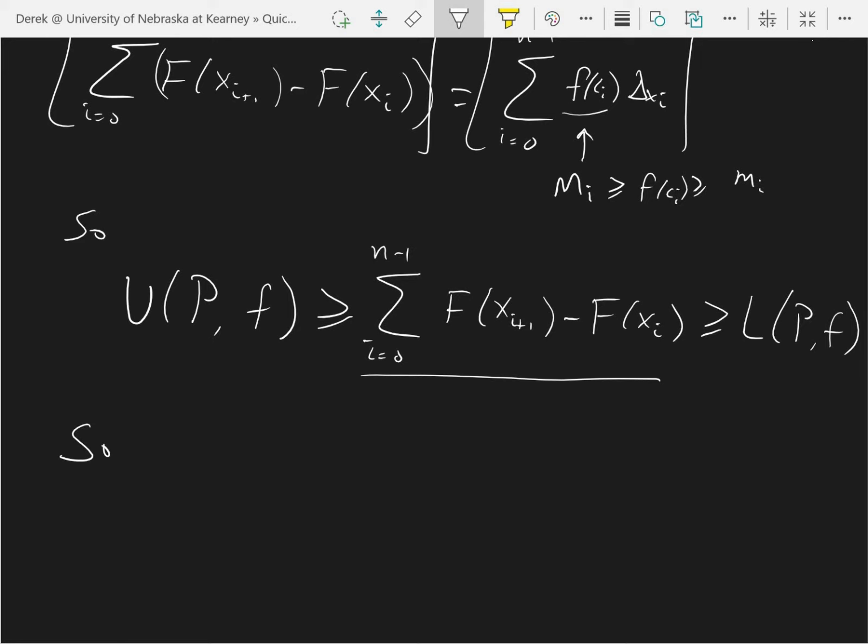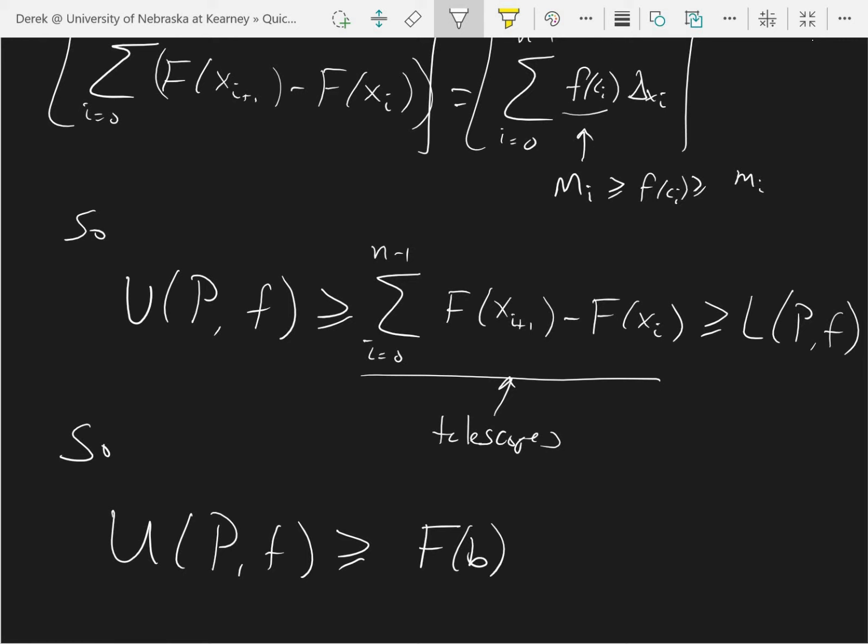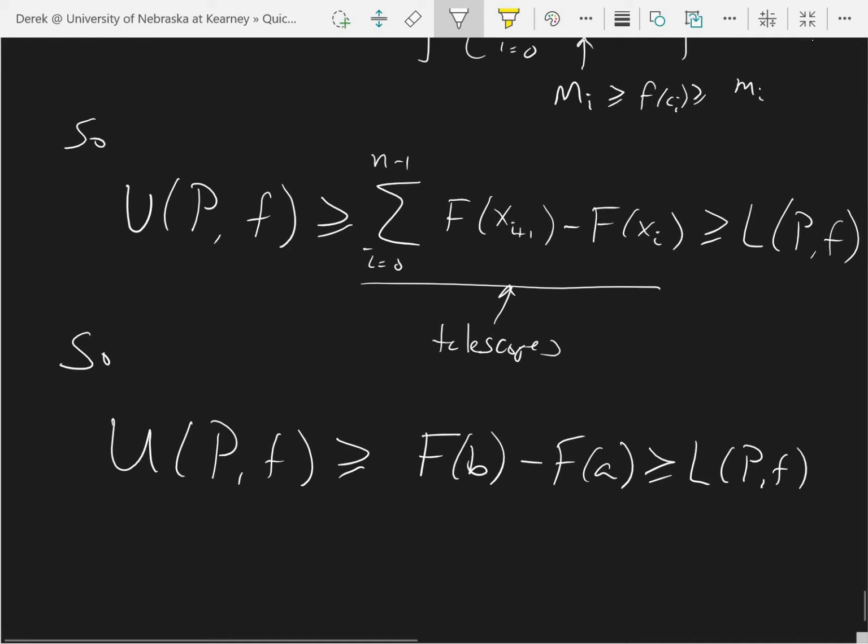This is a telescoping sum, so I get U(P, f) is bigger than or equal to F at b minus F at a, which is bigger than or equal to L(f, P).